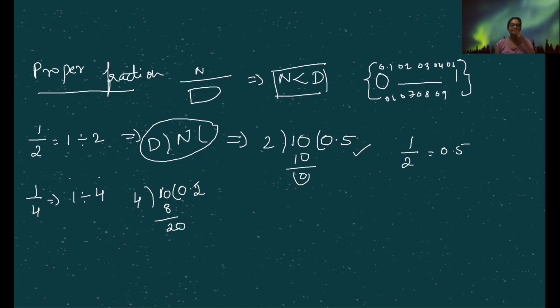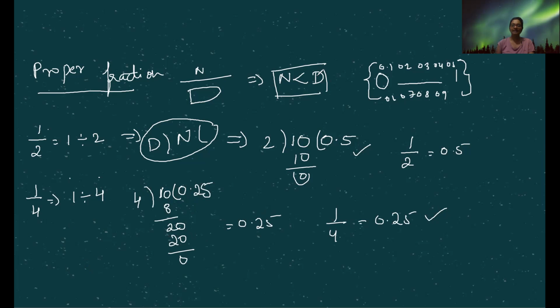Once the decimal is there, I can put as many zeros as I want. Again, 5 4s are 20, 0. So the answer is 0.25. 1 by 4 is equal to 0.25. Okay. Now we'll do one more example. Guys, pause the video and write this down.